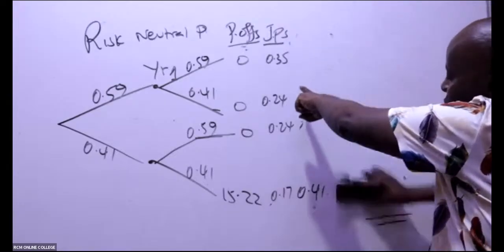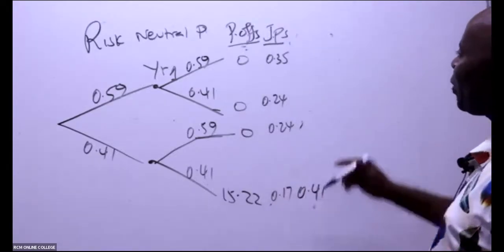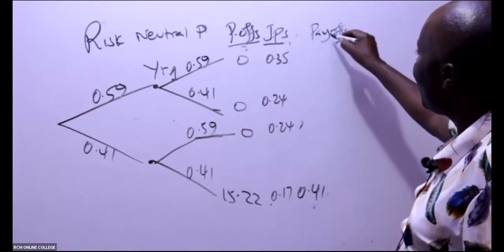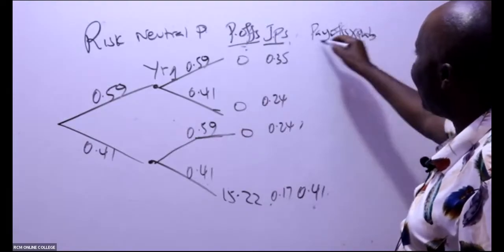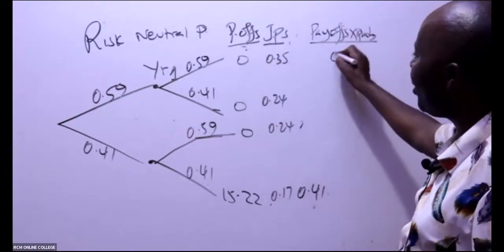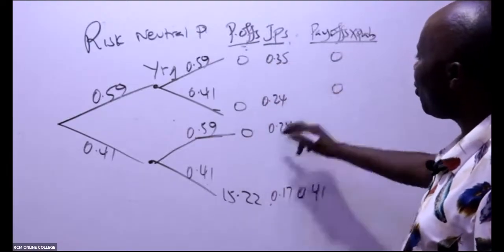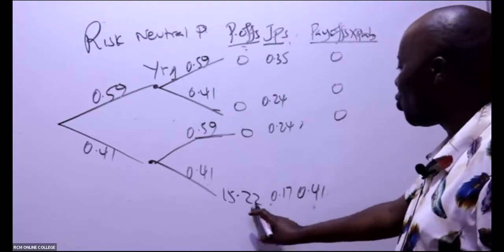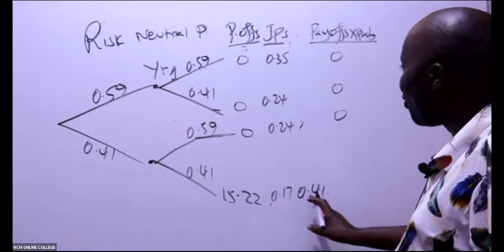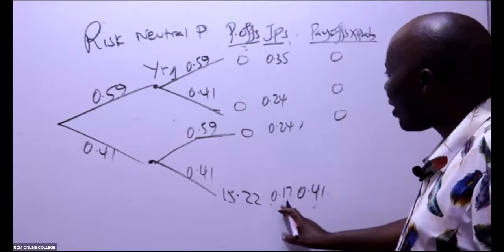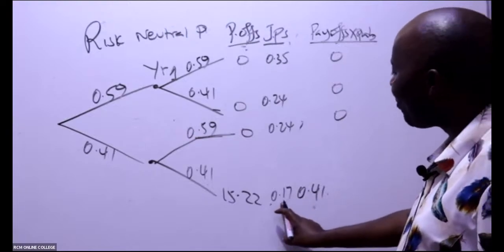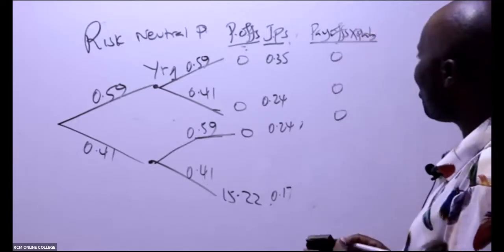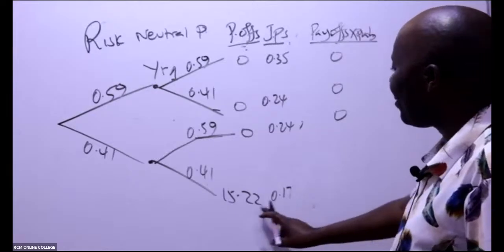Just like how you do it in advanced management accounting, you take the payoffs times the JPs, times probabilities. So create a column where you take the payoffs times probabilities. 0 times this is 0, 0 times this is 0, 0 times this is 0. Then it is 0.17 times 15.22.